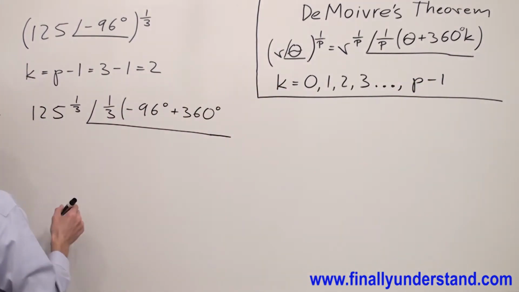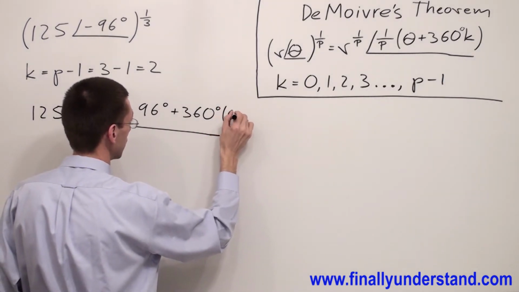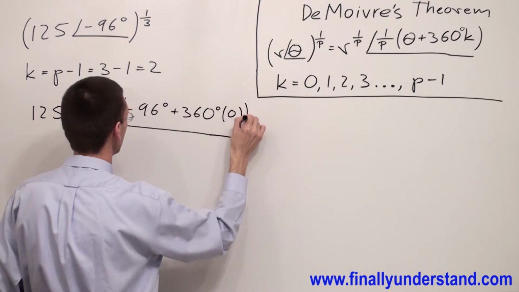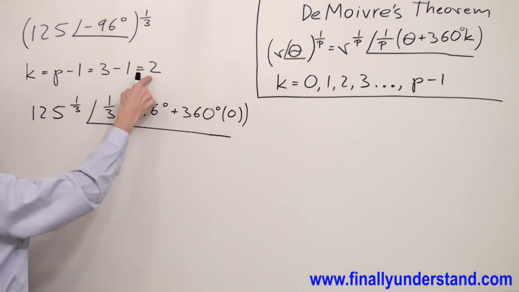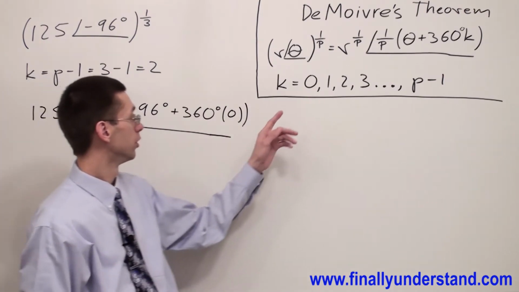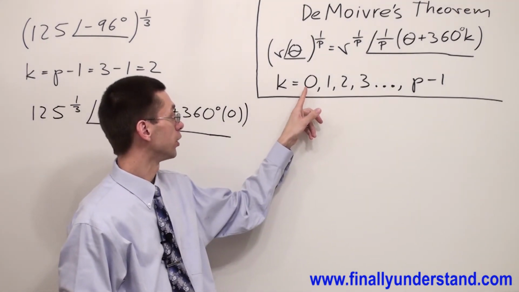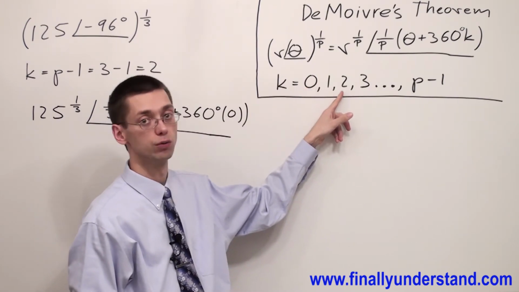But k at this moment is going to equal 0. Keep in mind the maximum value of k is 2. So I'm going to have roots, right? Calculating by using the following values of k: 0, 1, 2.